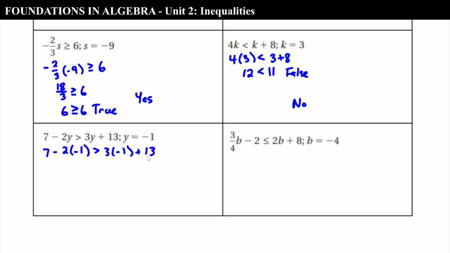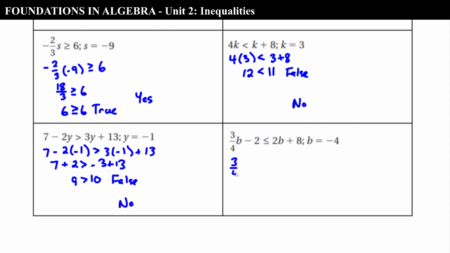Again, I'm just plugging in the number for the variable. So 7 plus 2 is greater than negative 3 plus 13. So 7 plus 2 is 9. Negative 3 plus 13 is 10. 9 is not greater than 10, so this is false. So this is not part of the solution.